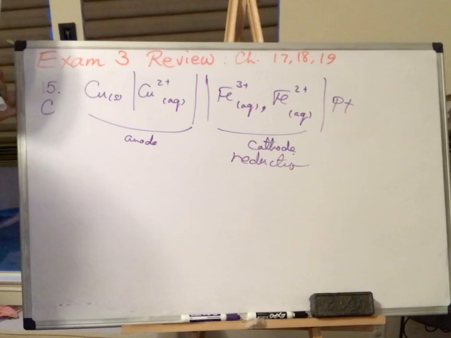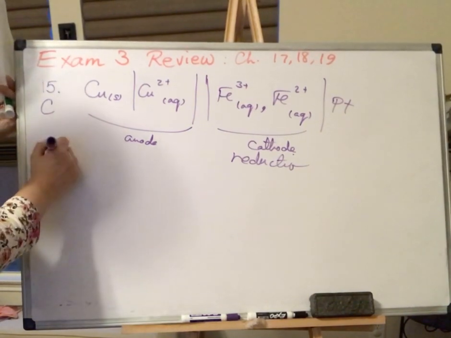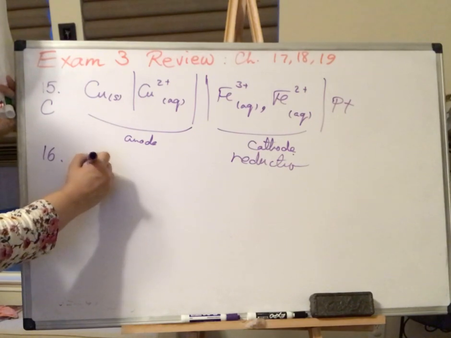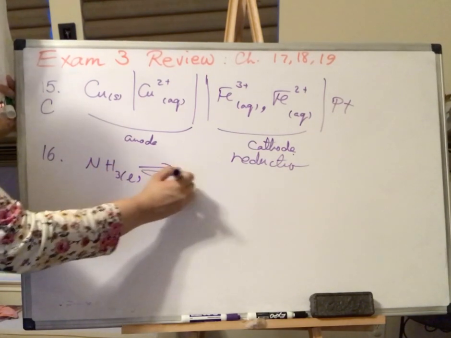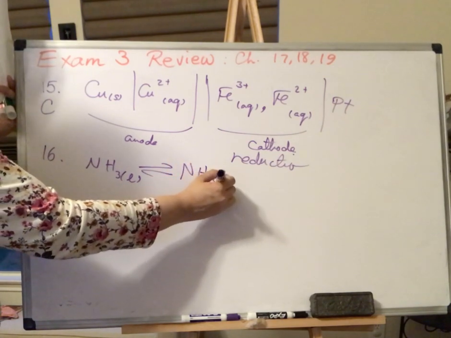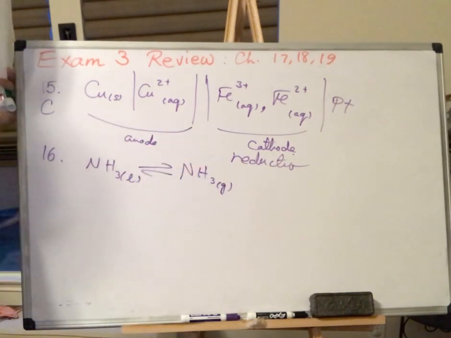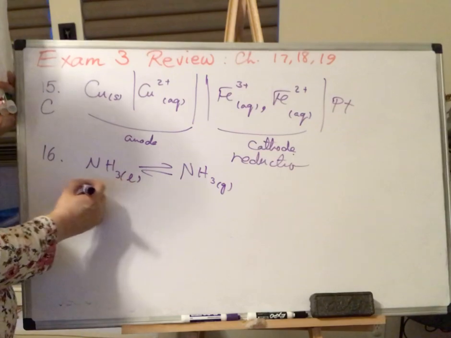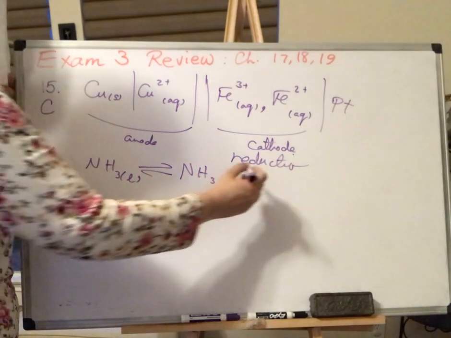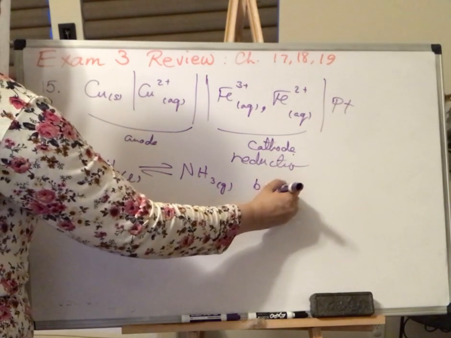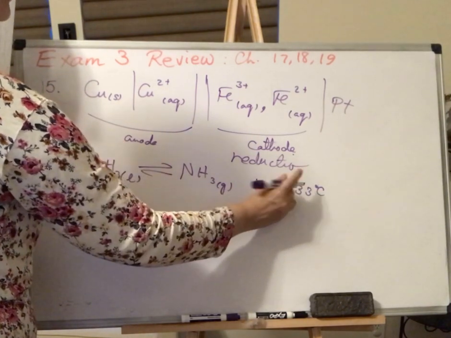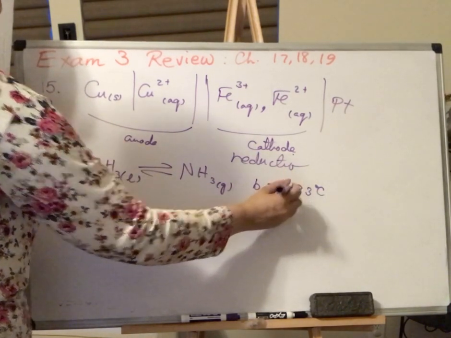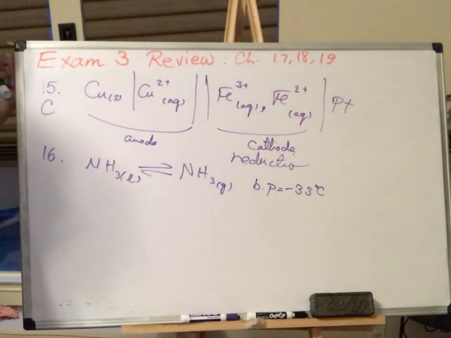Number 16, which of the following is true for the reaction of NH3? At negative 33 degrees Celsius, a normal boiling point for ammonia is apparently minus 33 degrees Celsius.